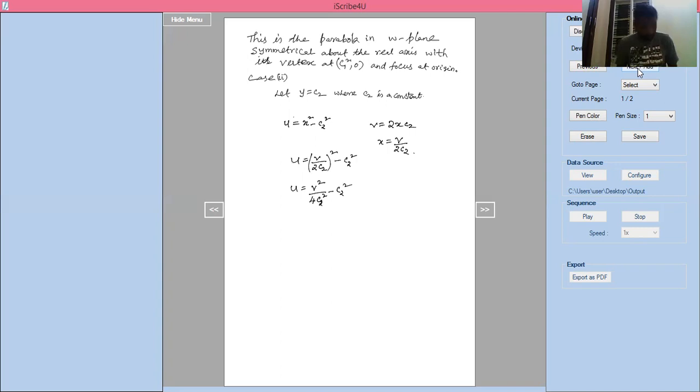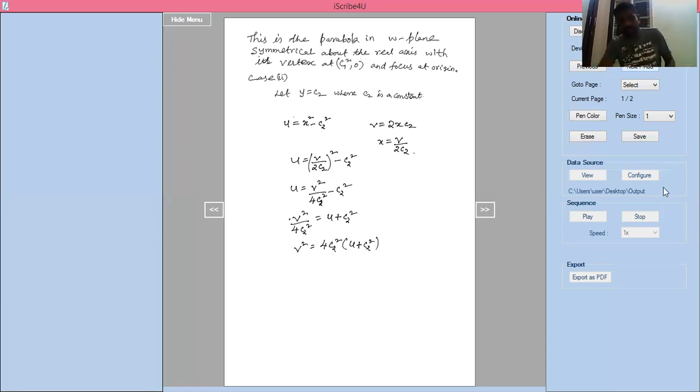Now I can bring this term to this side, so I'll get v square divided by 4c2 square equal to u plus c2 square. Now v square equals 4c2 square into u plus c2 square.